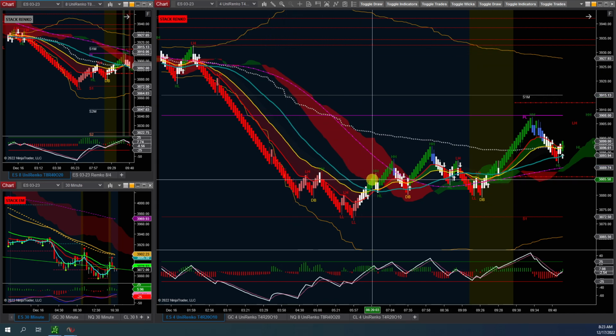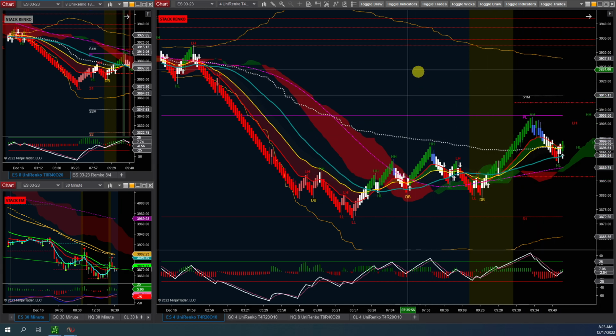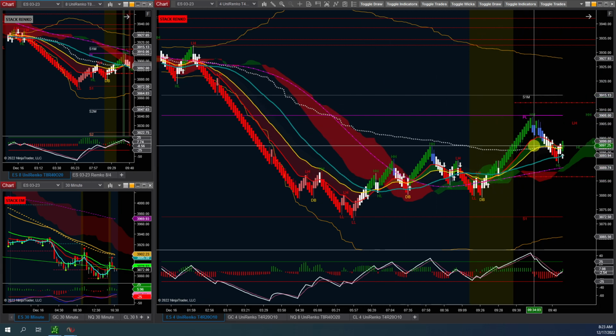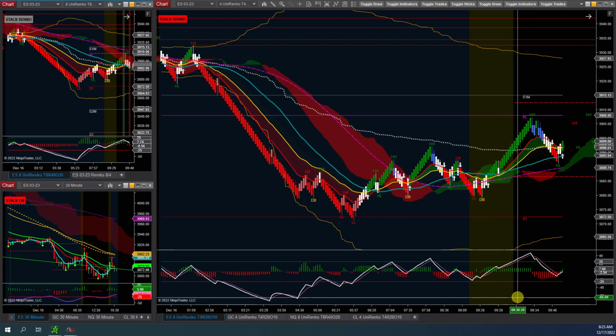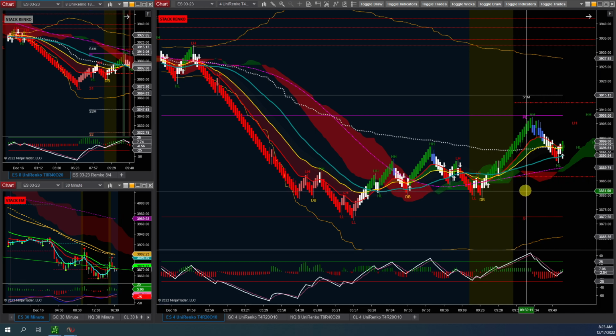Okay, I stopped the video a little bit because I wanted to put this cursor highlighter. It makes it easier for you guys to follow the chart.